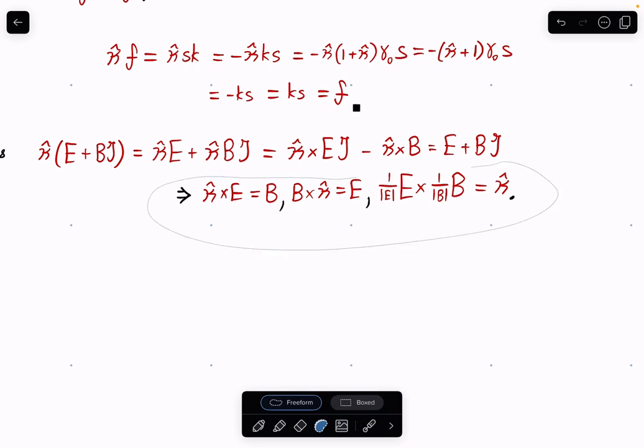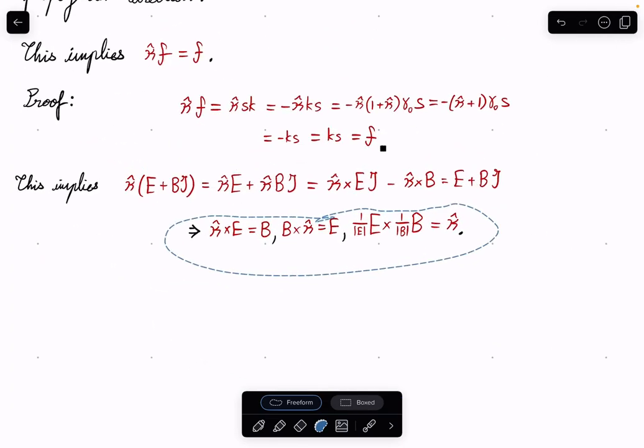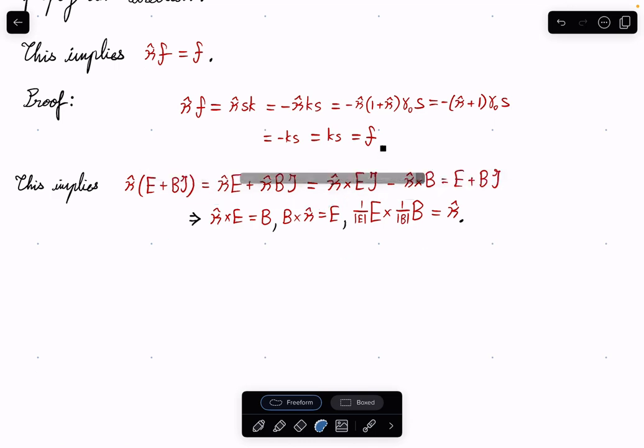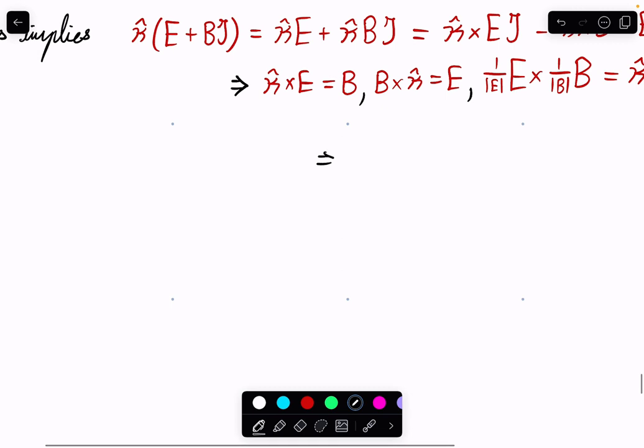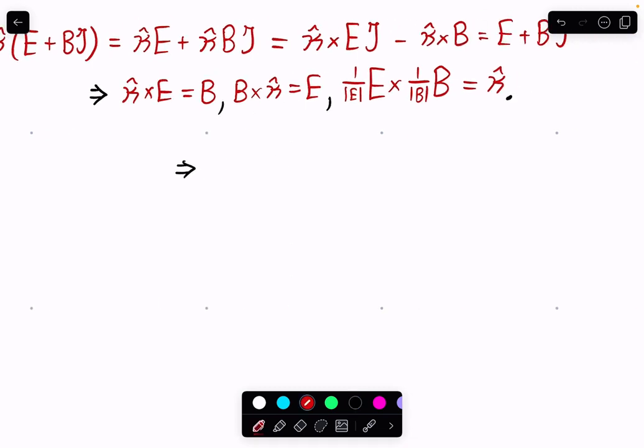So all three of these vectors are mutually perpendicular. And if they're all mutually perpendicular, then that implies that kappa times E, where I'm just going to use the hat again, times B, use the hat, is just going to give the pseudoscalar.